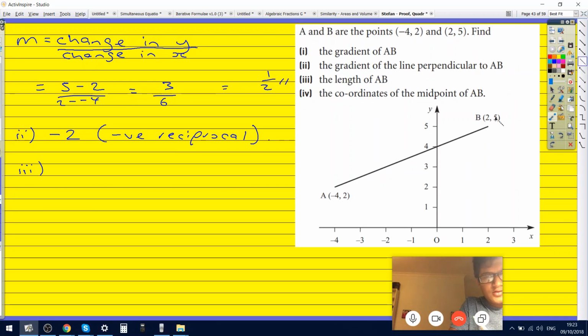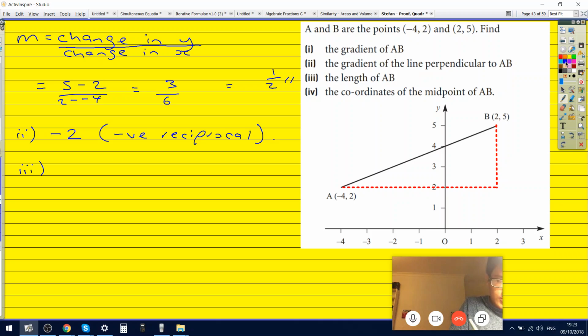Change in x would be 6. Then we'll say that 6 squared plus 3 squared is c squared. So c is just the root of 6 squared plus 3 squared, which is root 36 plus 9, is root 45, which is 3 root 5, the same as the third one.